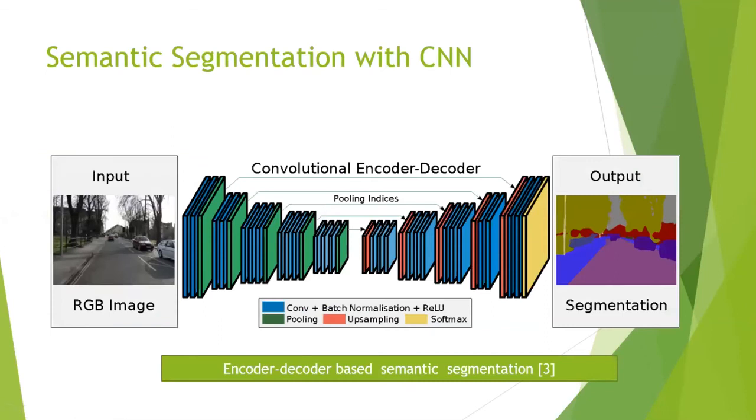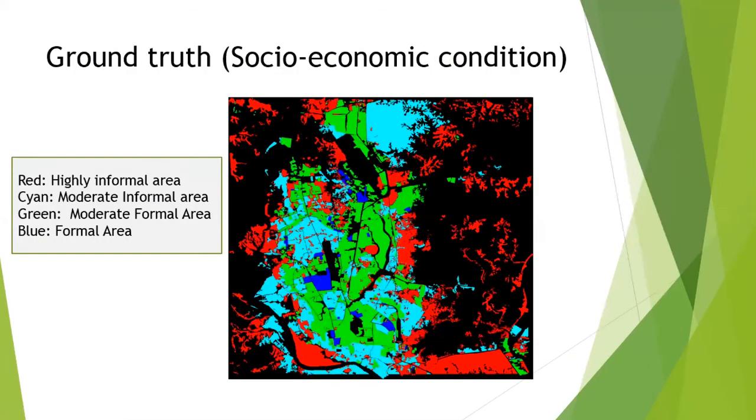So now we have a clear objective. We have to segment it properly. We want to see how good the state of the art DeepLab v3 plus segmentation library is at segmenting Dhaka city with these socio-economic conditions.